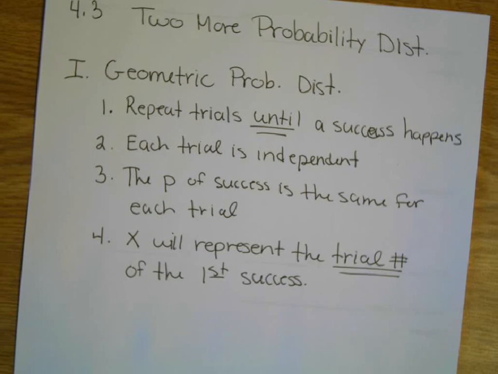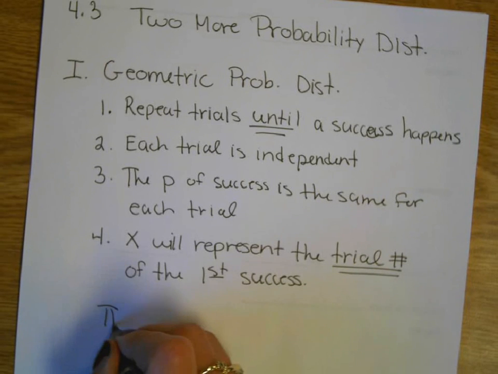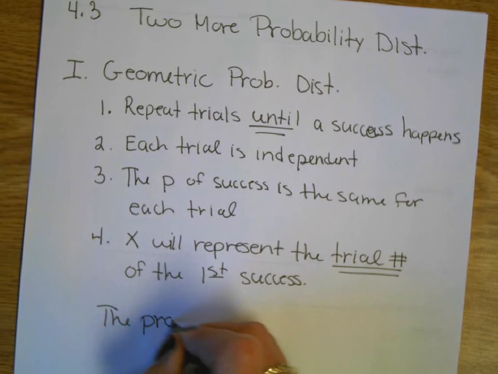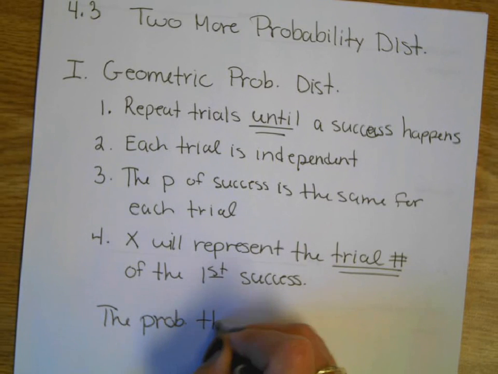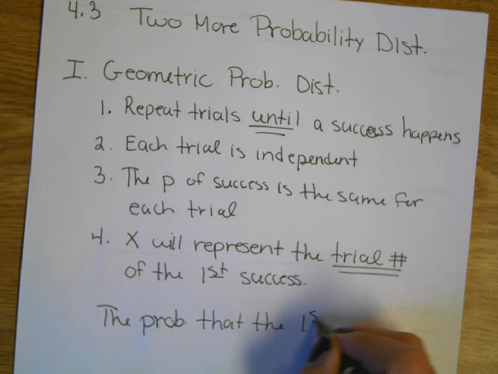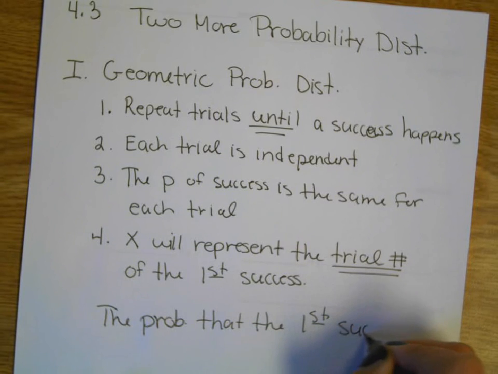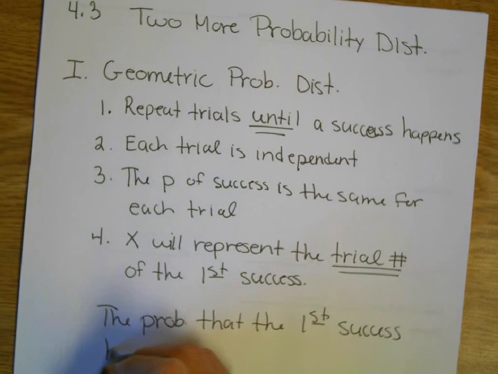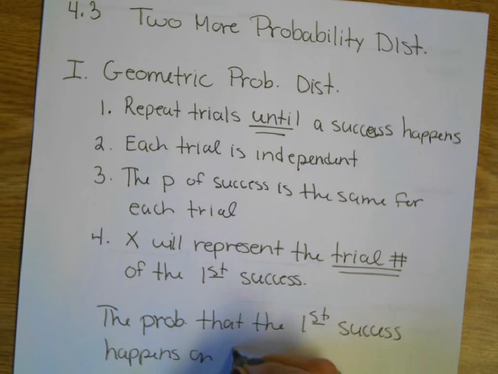So, our formula for this, that gives the probability that the first success happens on trial number x is given by this formula.